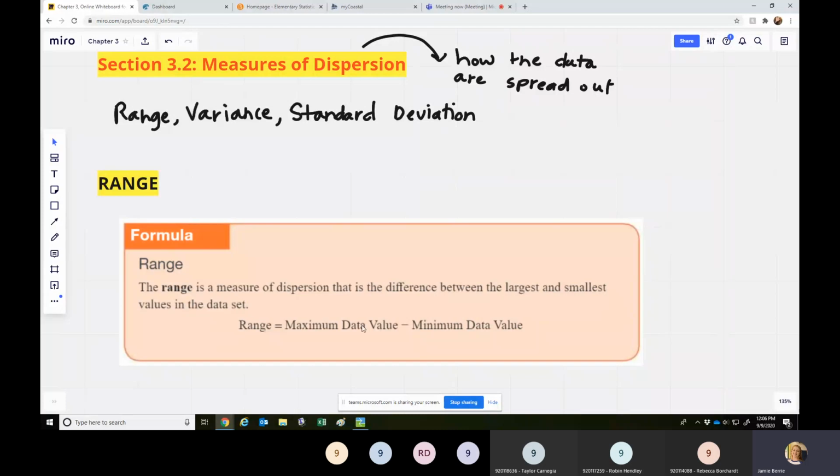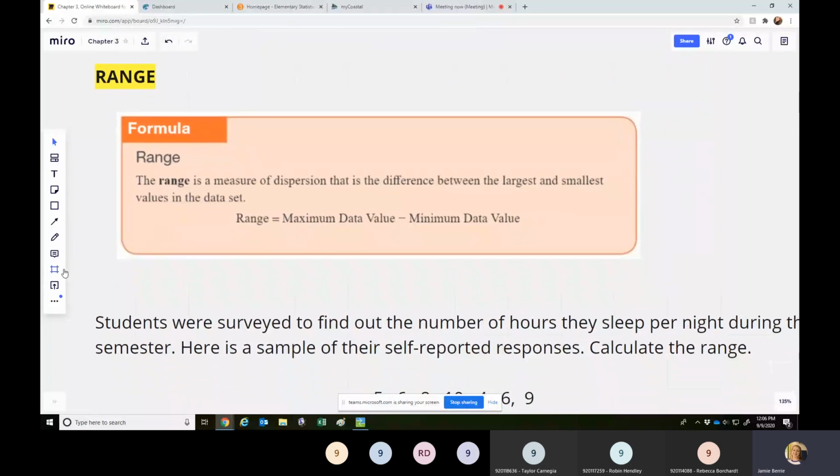So we're going to have to find the maximum data value and the minimum data value, and plug them into this formula. Don't forget, I do have a formula sheet for this section. You can find it just by going to content, and I think it's under Unit 2. I can't remember the name of the folder, but it's like the second folder down or something like that.